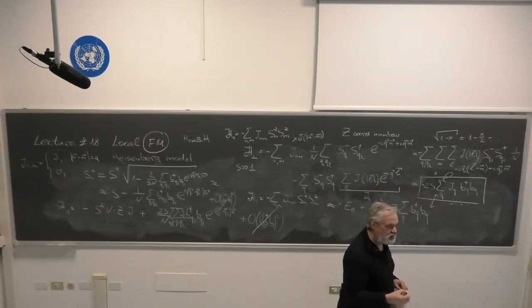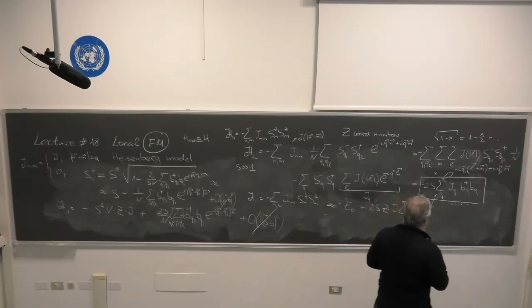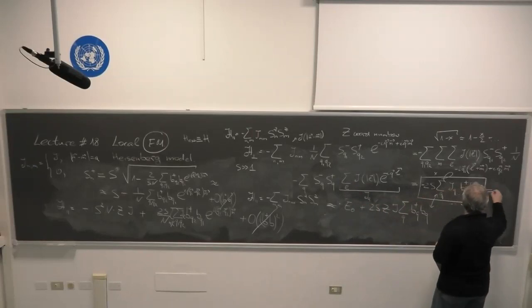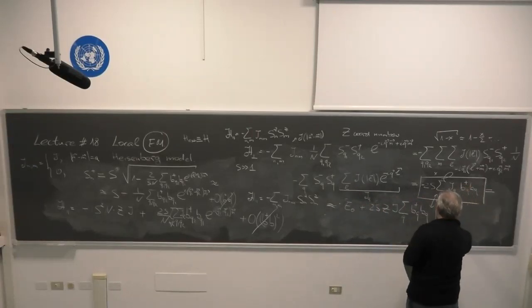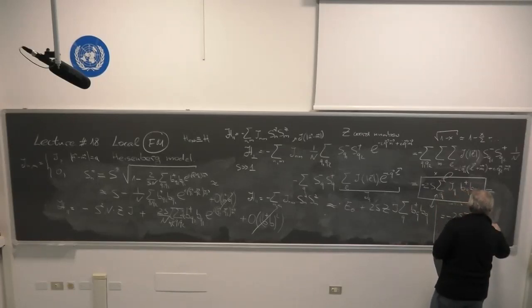Let me rewrite these two terms in a very similar way, introducing something which is called the structure factor. Namely, I would rewrite this term as minus 2SGz times the sum over q of gamma q b dagger q b q.